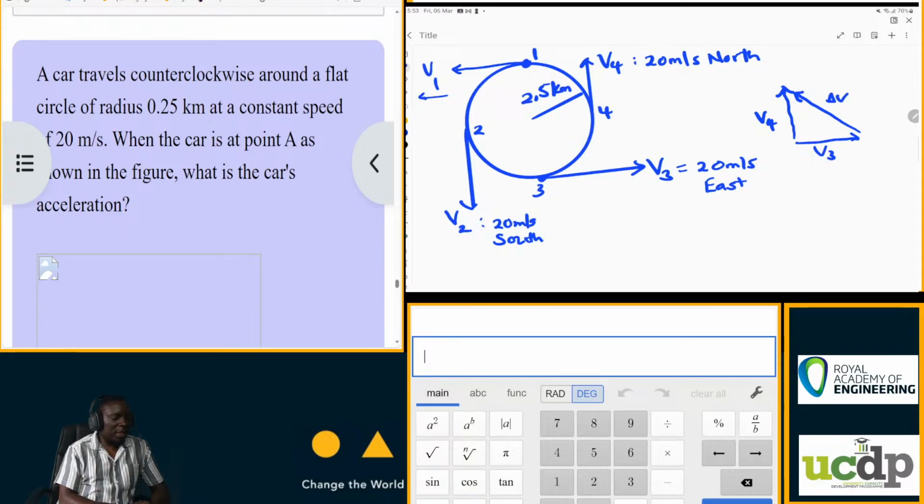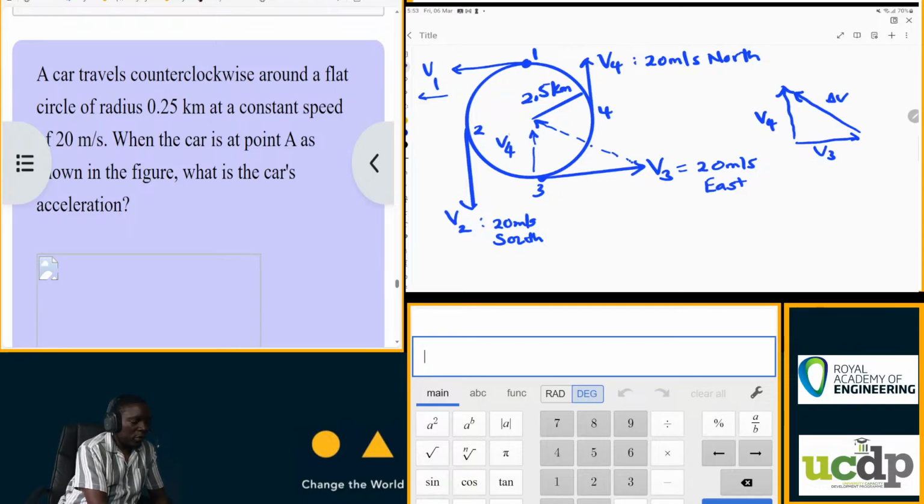And what is that direction now? You find this direction is actually on average acting towards the center to give that change for V4.